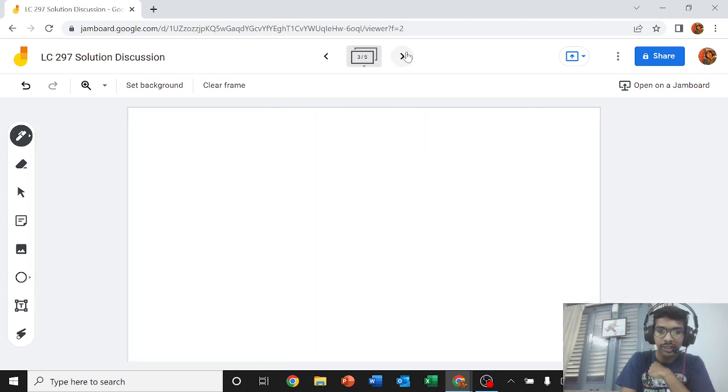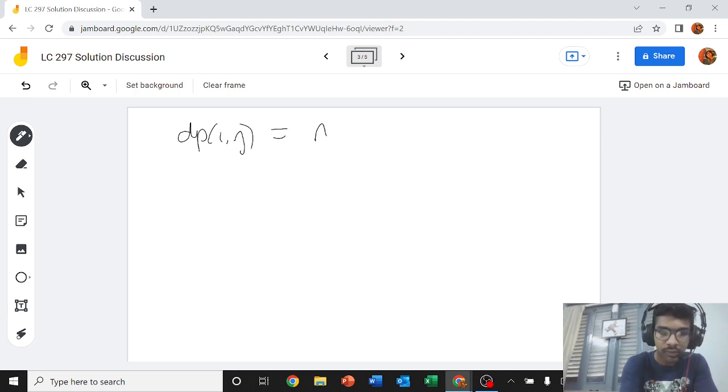The way I thought of it, I solved it using dynamic programming. What I did was I defined a DP state i comma j to be the minimum cost to reach the last row when starting from the cell i comma j.